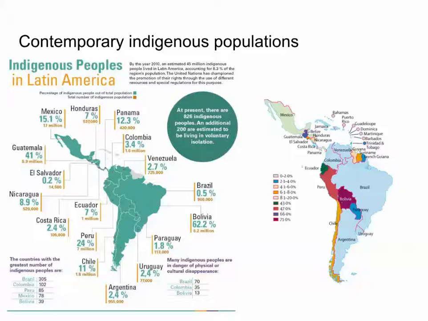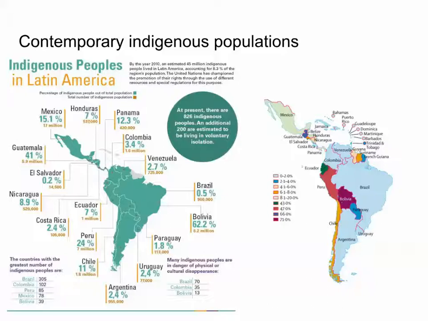Throughout South and Central America, in the countries of South America, we see very low numbers, roughly anywhere between 0.5% in Brazil, less than 1 million individuals today, to a high of almost 17 million people in Mexico that identify themselves as indigenous or of mixed ancestry.